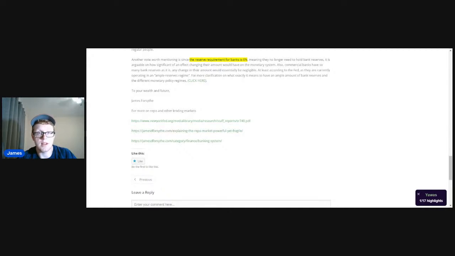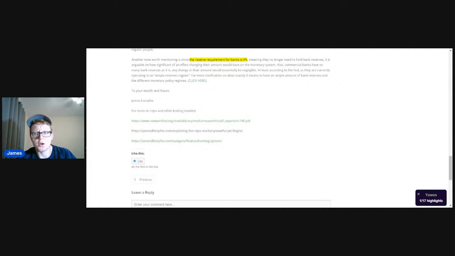So, what is a haircut for repo transactions? How exactly is interest paid? Because repos are kind of weird: they're technically not collateralized loans, but they act as such.